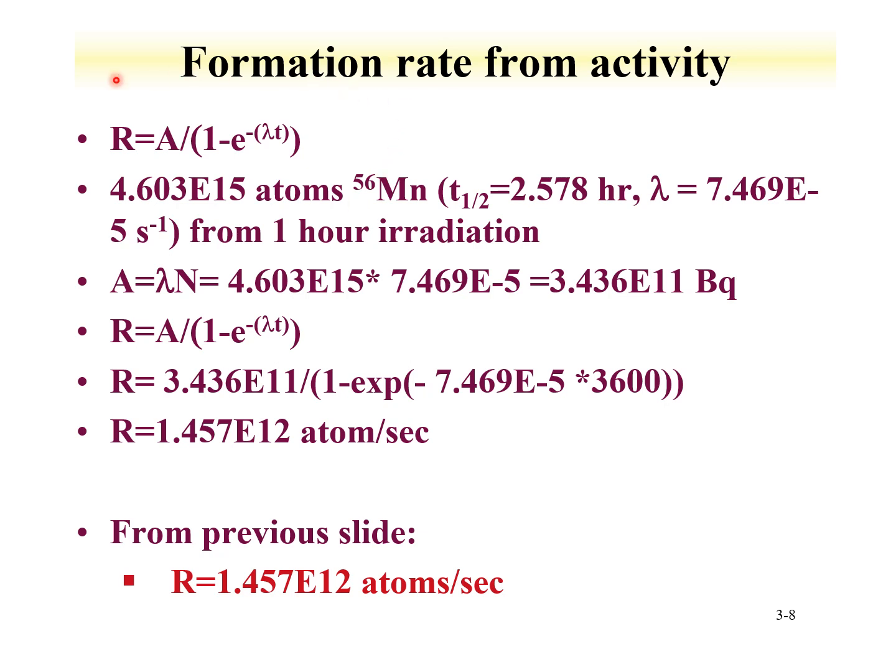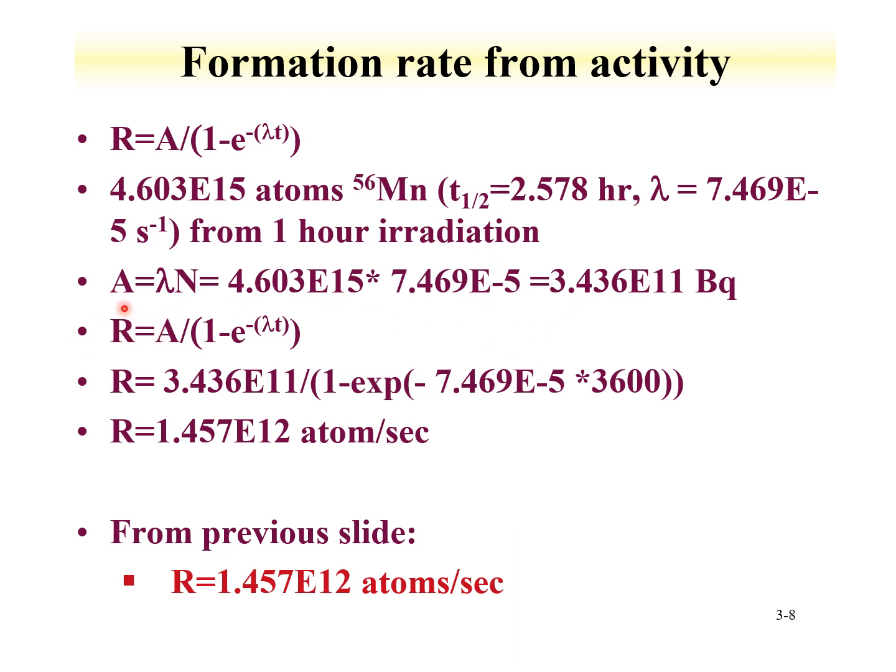We introduced this equation a few slides ago, where we can determine the formation rate based upon a measured activity and this saturation factor. So let's look at the example from the manganese-56 that we provided in the previous slide. We've gone through how we determine this value. Our activity: if I know the number of atoms of manganese-56 and the decay constant, activity equals lambda N. I get 3.4 times 10 to the 11th becquerels.